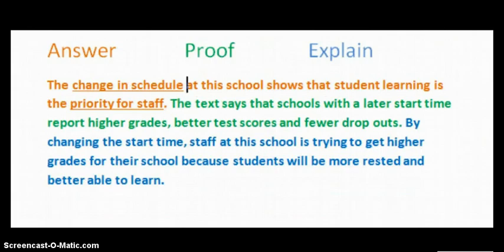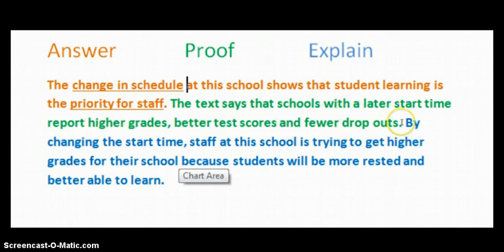So here's what a sample response might look like. You can see I've color-coded the different components. So here's my answer. The change in schedule at the school shows that student learning is the priority for staff. I gathered that from the piece that I just highlighted. The text says that schools with a later start time report higher grades, better test scores, and fewer dropouts.